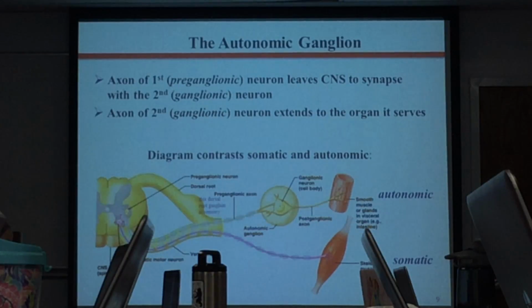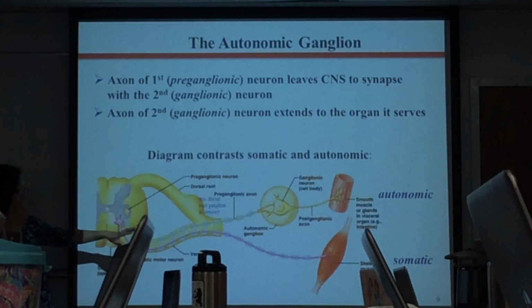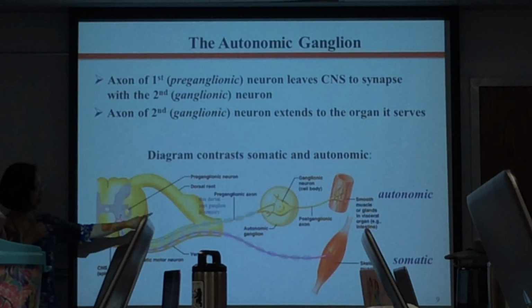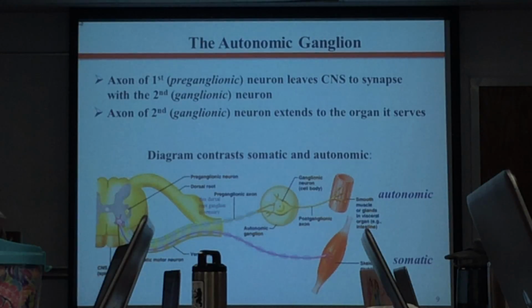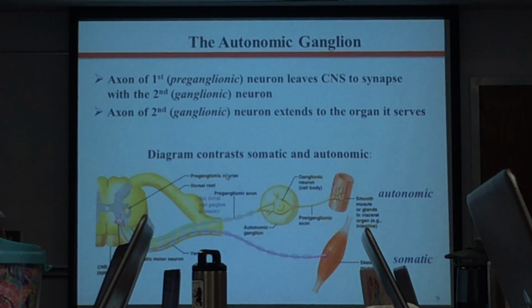Okay, to answer your question, here again are illustrated two projection pathways. One is for the autonomic nervous system, the other is for the somatic system. If you look at this pathway, you have the first neuron originating from the spinal cord, the preganglionic neuron, which innervates the second neuron at this peripheral ganglionic site.